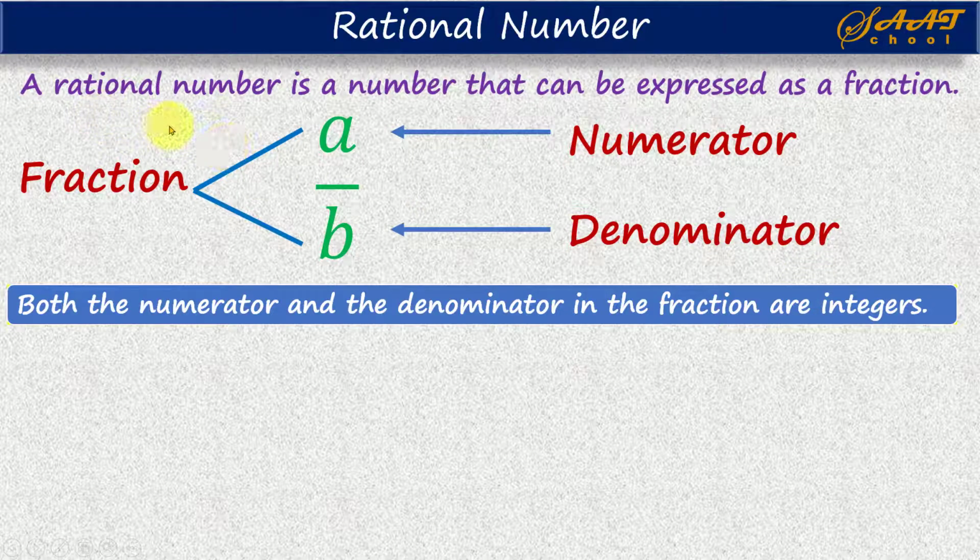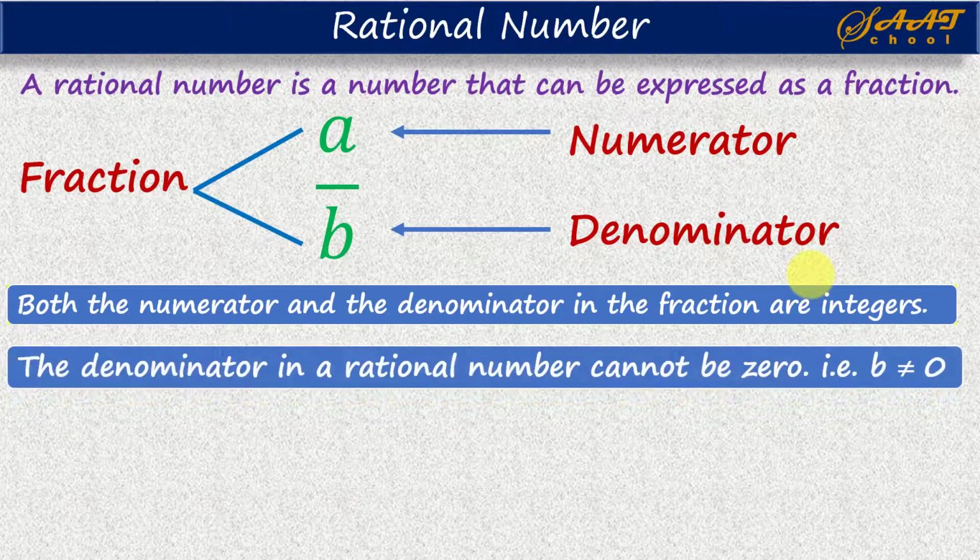So to be a rational number, that number can be expressed as a fraction, and in that fraction we have a numerator and denominator, and this numerator as well as denominator should be integer. They may be positive integer or negative integer, but both a and b need to be integer.